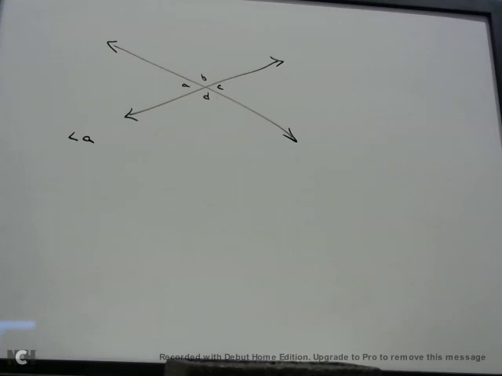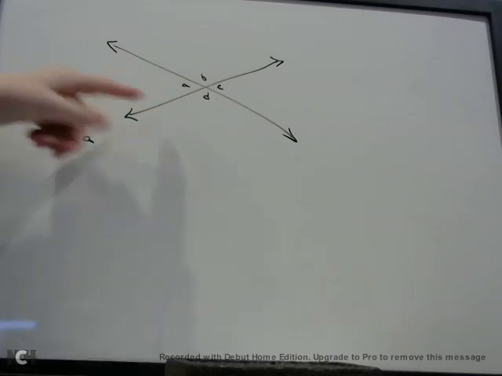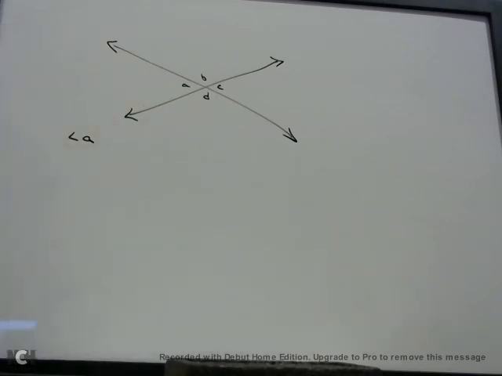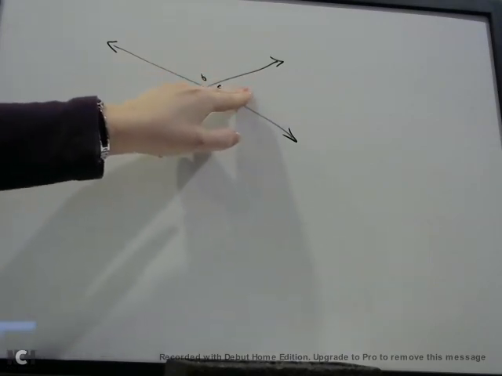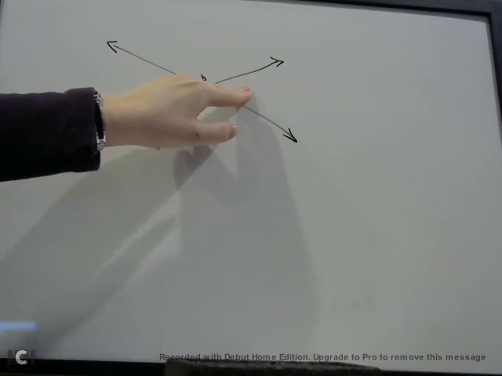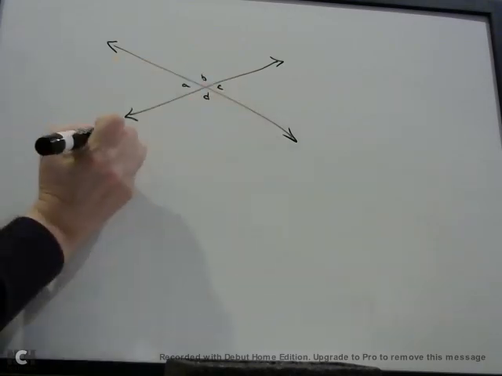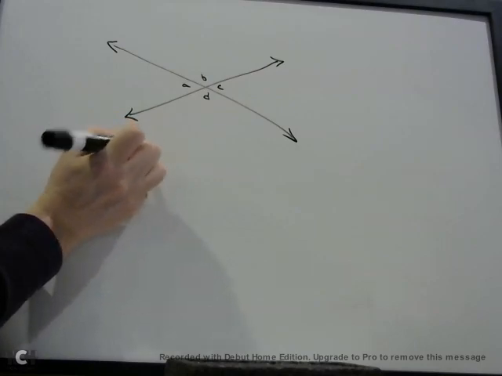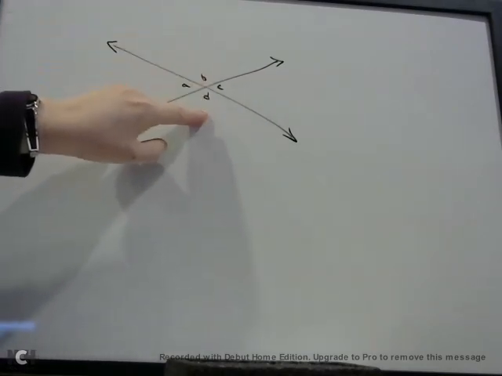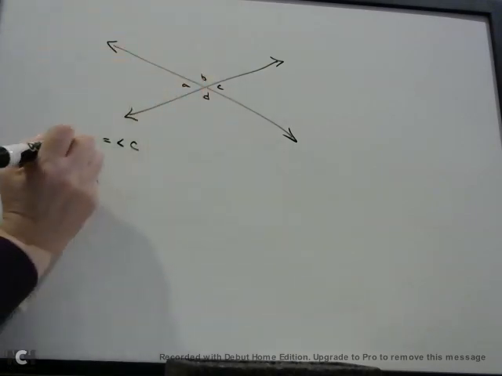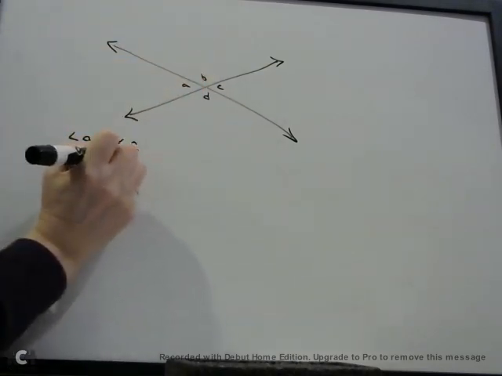The thing to know about vertical angles, or angles that are formed by two crossing lines, is that the opposite angles are equal to each other in measurement. So here, the measurement of angle A will be the same as the opposite angle, which is C. So angle A and angle C equal each other. Similarly, angle B, the opposite angle, is D, so angle B and angle D equal each other.